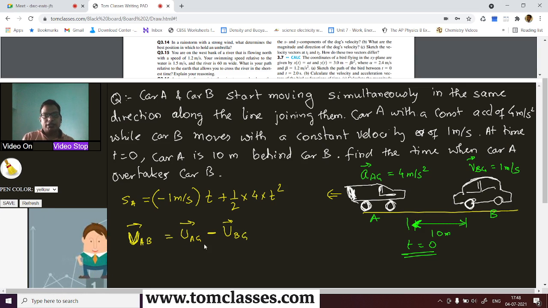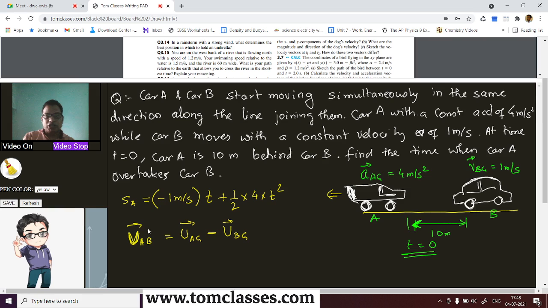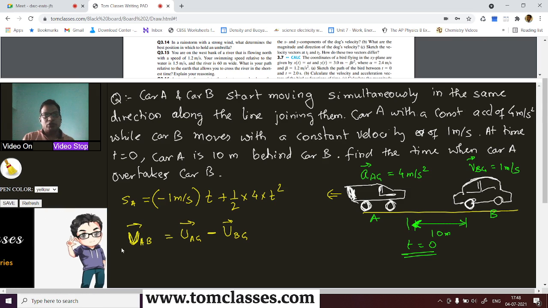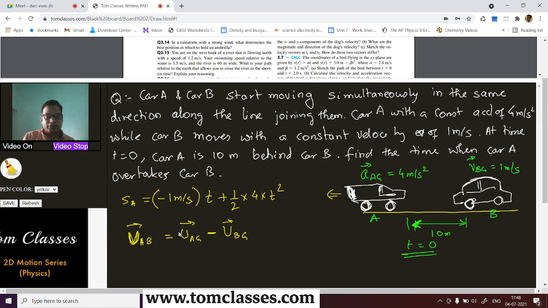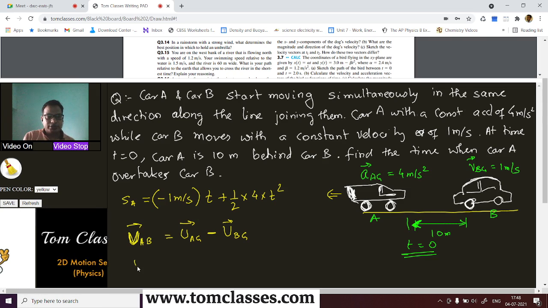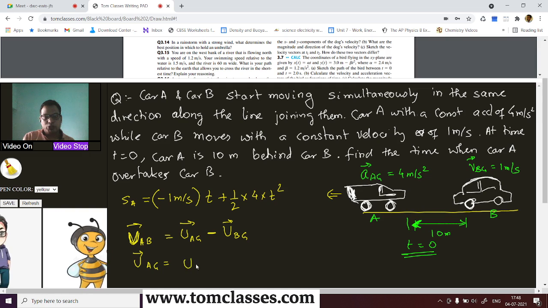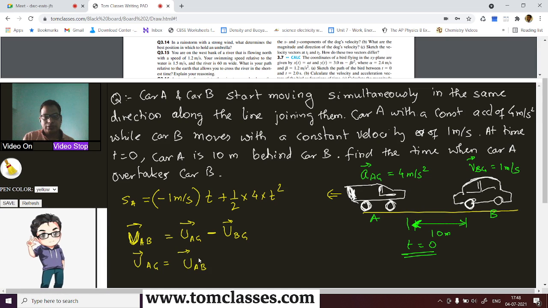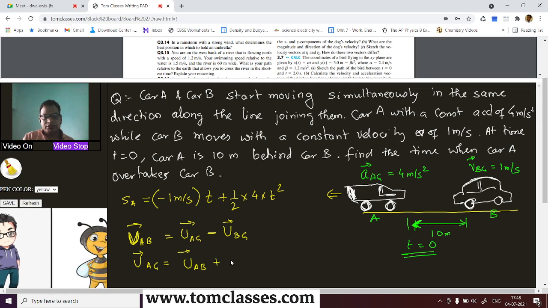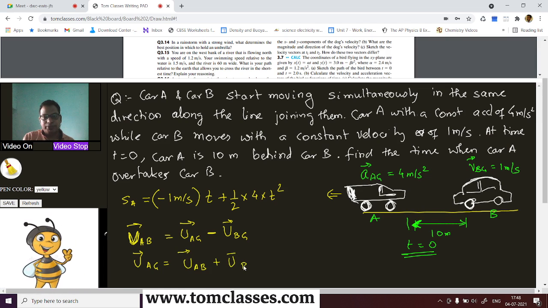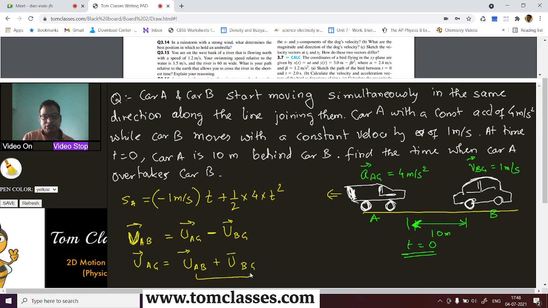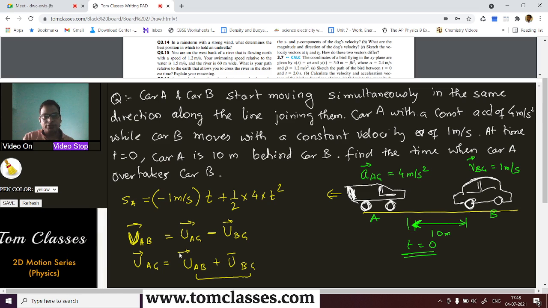So you see that this is the velocity of A with respect to B. Okay, so this will be U A B plus U B, it will give A G. That is the result which it is going to give.